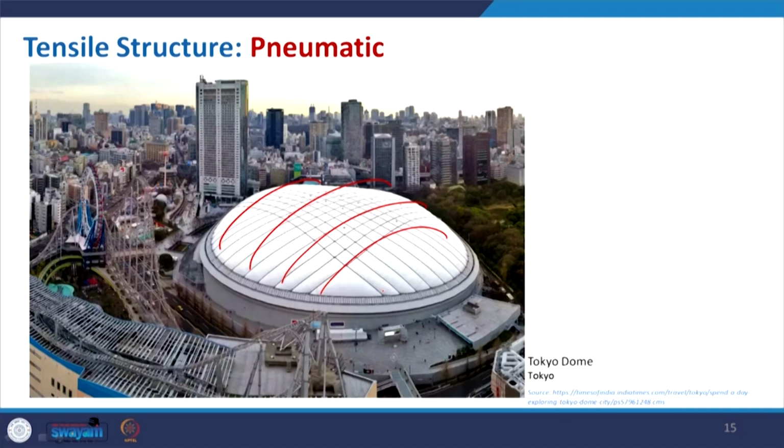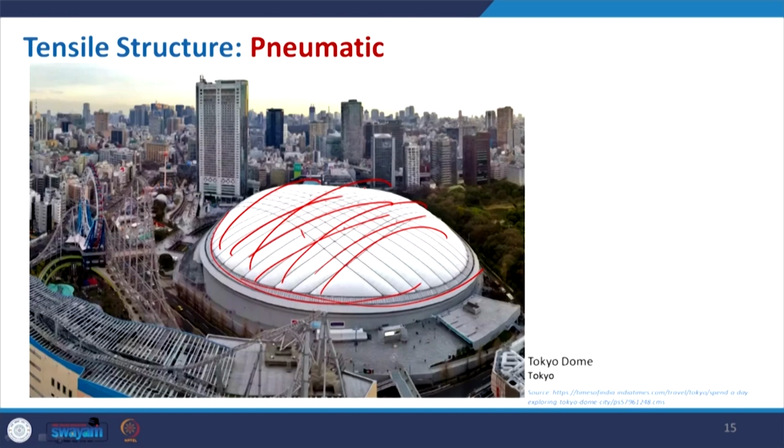This is the Tokyo Dome, where this particular activity place is covered with a pneumatic structure, where air is used to give this particular form, and it is supported by being connected at the top. These cables give the proper shape of the structure.